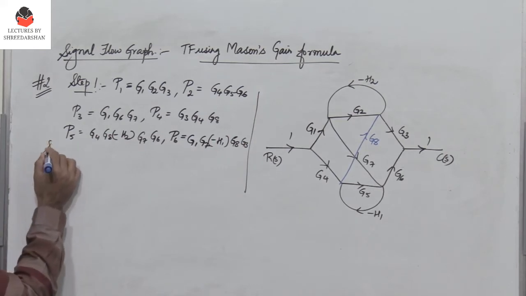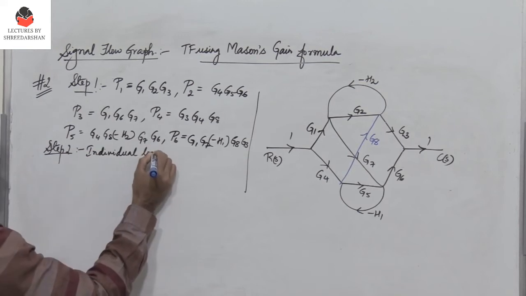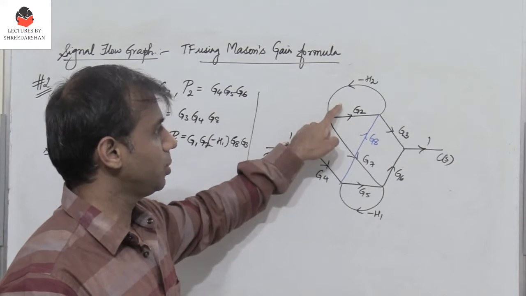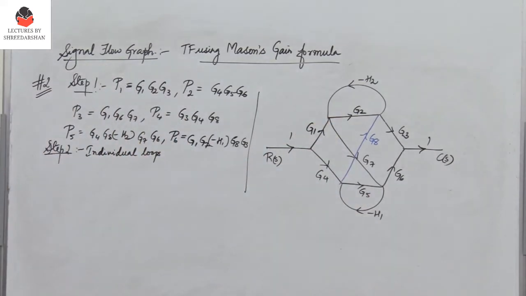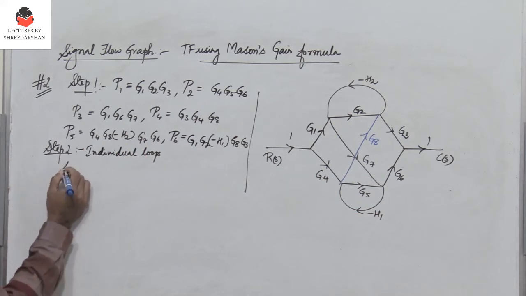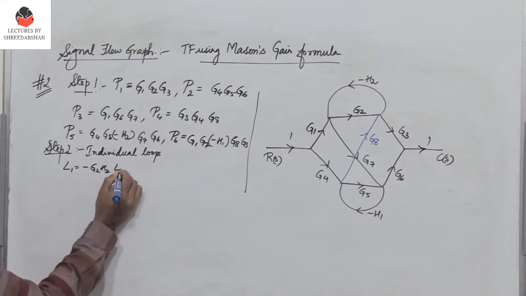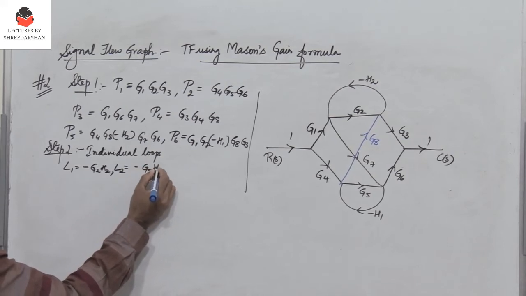So the next step, step 2, we have to identify the individual loops. What are the individual loops? Let us try to identify them here. Of course, we can identify 2 individual loops. One is G2 into minus H2 and the other is G5 into minus H1. Let me write them as L1 and L2. So L1 is minus G2 H2 and L2 is minus G5 H1.